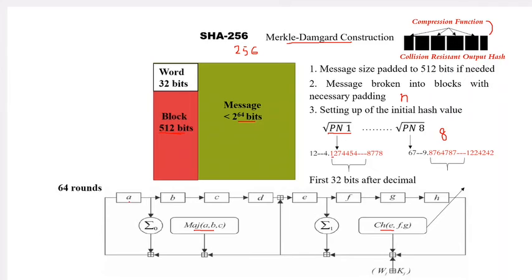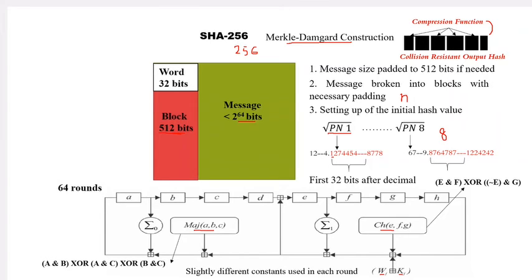These different bitwise functions are like Ch(E,F,G) is E and F XOR not E and G, and this one is A and B XOR A and C XOR B and C. I'm not going into the detail. These are constants which are changed in each round, so that one round differs from the other.